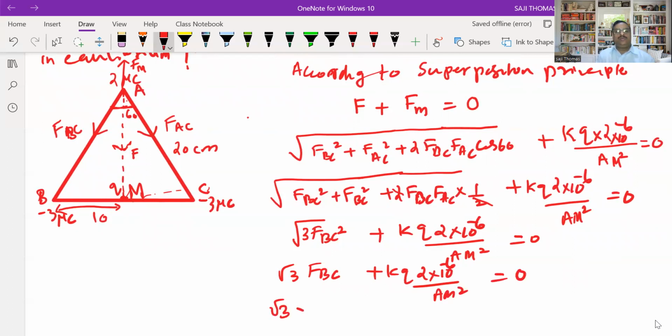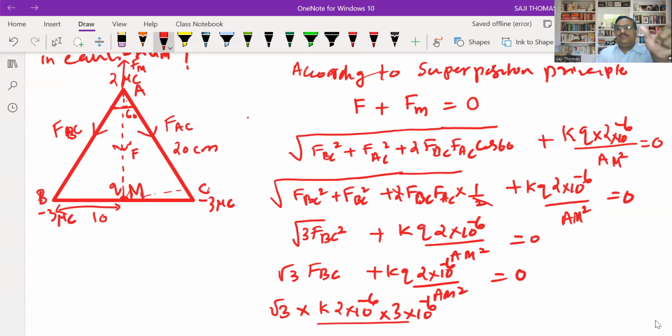Root 3 into, what is the force between B and C? K into, what is the charge Q1? Force between B and C: charges are 2 into 10 raised to minus 6 into 3 into 10 raised to minus 6. Don't consider minus 3, because we have considered the direction downward because of the negative sign.